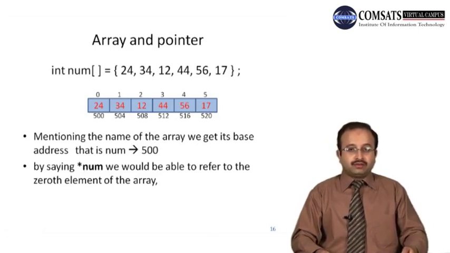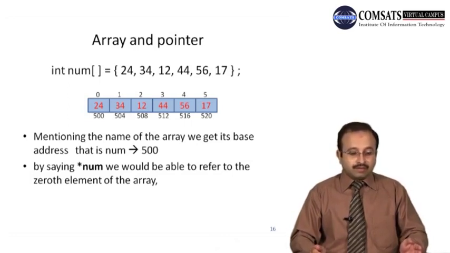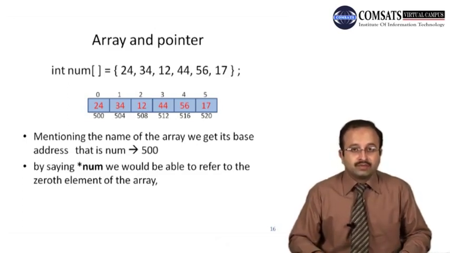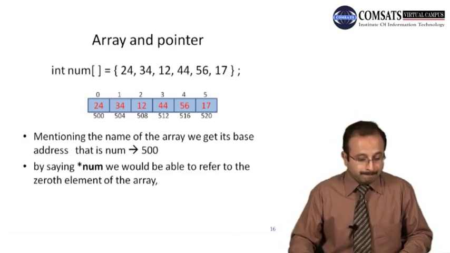num[0]: within the square brackets you have a subscript that is 0, so that will give you the value 24, and that is the same as *num. Right now I'm not saying &num[0], I'm saying num[0]. Num[0] means num square bracket, within the square bracket we have 0, right?